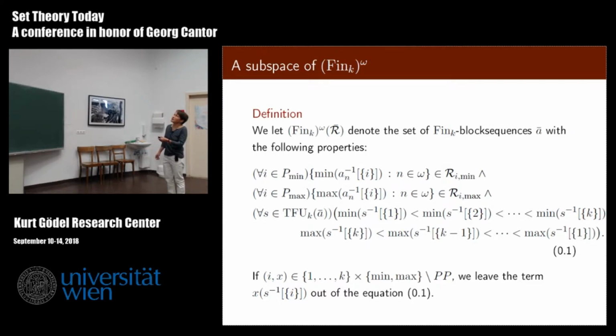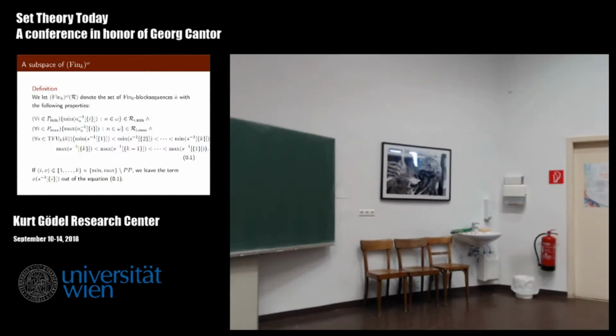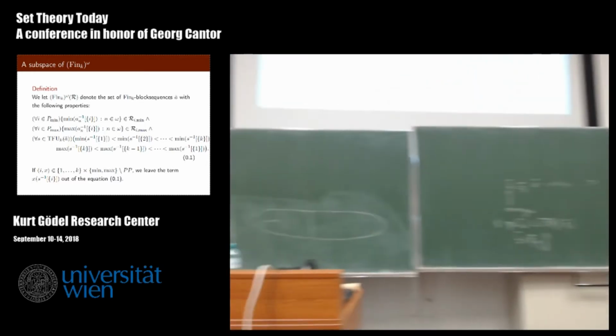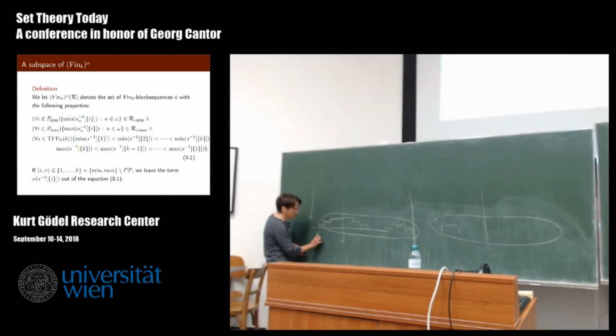And so these are the block sequences that have these three additional conditions. So for every parameter from the minimum indexes, the rims of the staircases shall be in this ultrafilter. So you have an infinite sequence, and so you get an infinite set by saying here, for example, here R1 minimum. We look at this point, and then at this point, and this point, and so on, and we get an infinite set, and this infinite set shall be big.